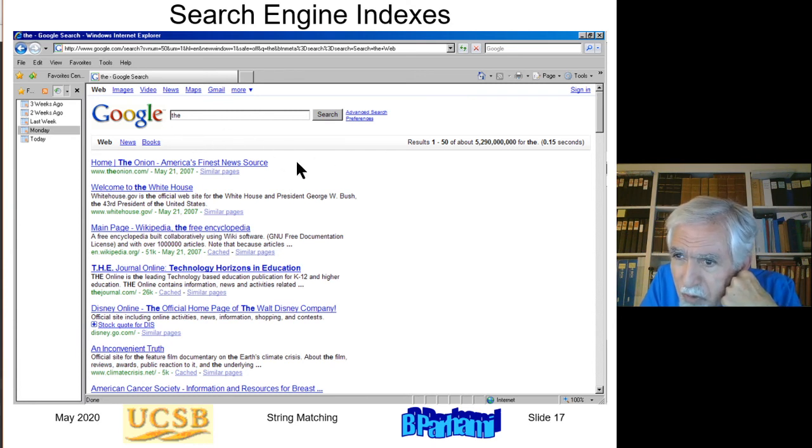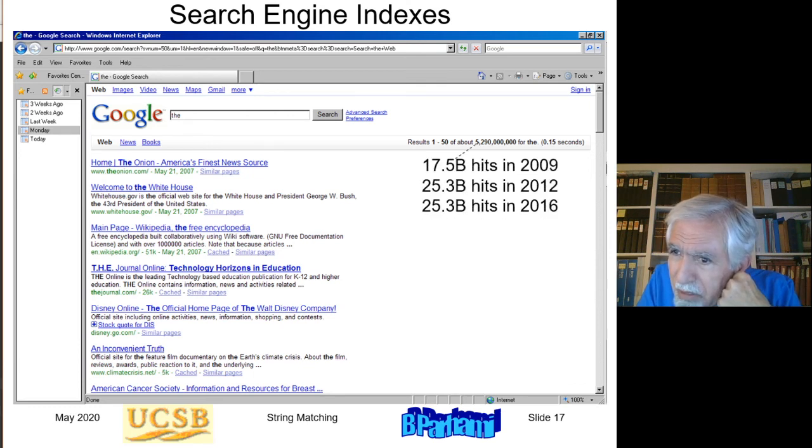When I search for the word the, I found 5,290,000 hits. Actually, that number increased in subsequent searches until in 2016, there were in excess of 25 billion hits. This is, of course, because the size of the World Wide Web, the internet, grew in the interim.